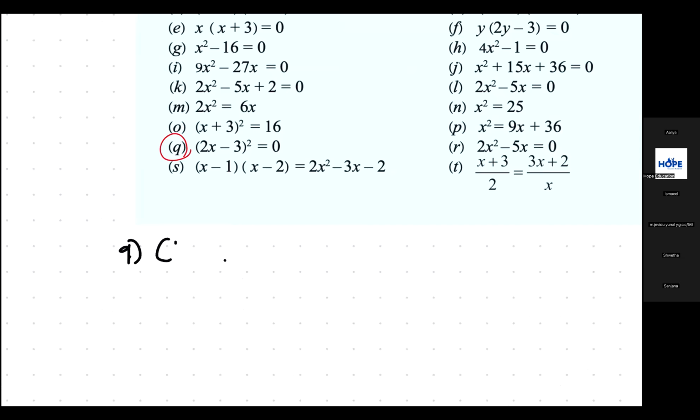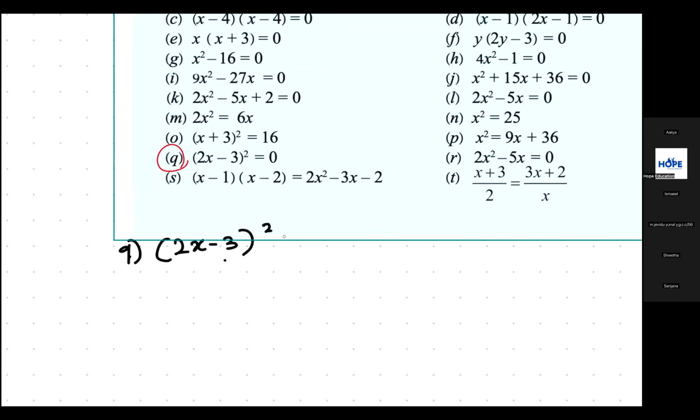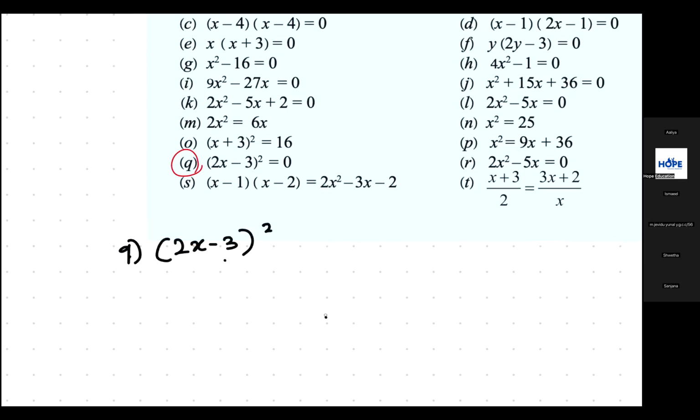Please don't move the whiteboard. Okay, how would we do something like this?